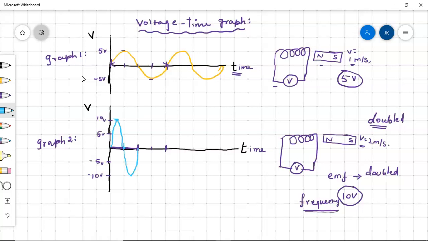Here the amplitude of the wave is increased. This amplitude denotes the maximum voltage, 10 volts now. And also the frequency is doubled. Previously, in the same unit of time, there was a half wave. Now in the same unit there is a full wave.